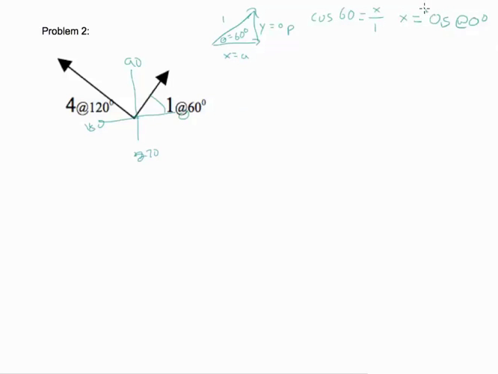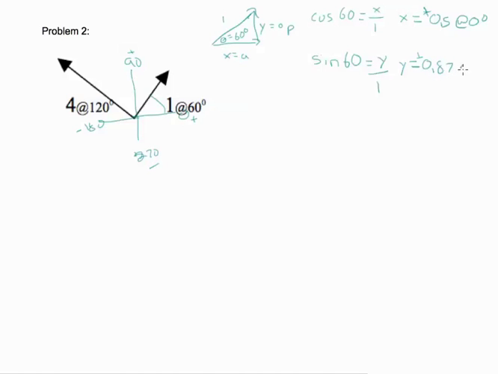Because if we remember our convention, positive, positive, negative, negative. And for our y, we would do the sine of theta equals opposite over hypotenuse. So our y equals 0.87, and it's going to be positive 0.87 at 90 degrees.